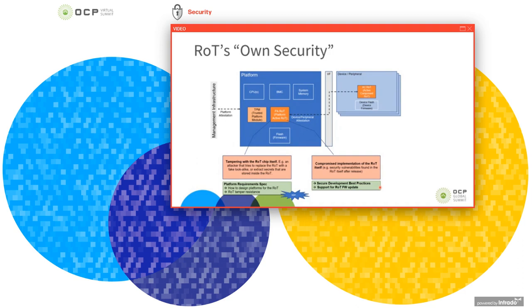We expect anyone who is implementing the RoT to follow those practices, and once we start implementing an open source version of the RoT, I'm sure we'll do the same. Obviously, any software will have bugs. You have to accept that. And therefore, there is support for updating the RoT itself with new firmware whenever we discover future bugs in implementations. So this is addressed this way.